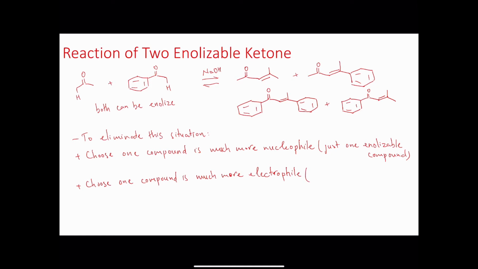Usually we set up the reaction between an aldehyde and a ketone because an aldehyde is much more electrophilic than the ketone. So the aldehyde will be the electrophile and the ketone will be the enolizable carbonyl compound of the reaction.